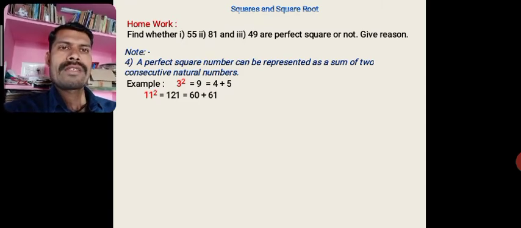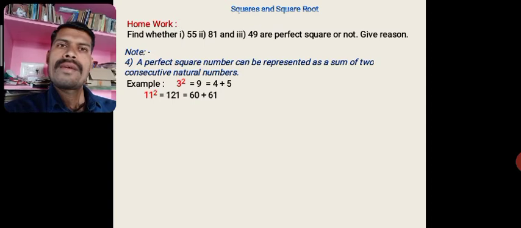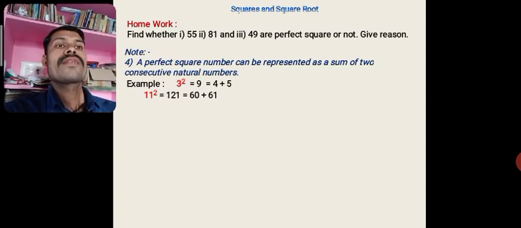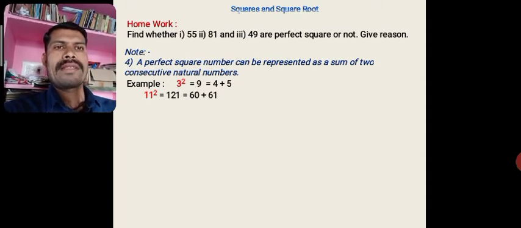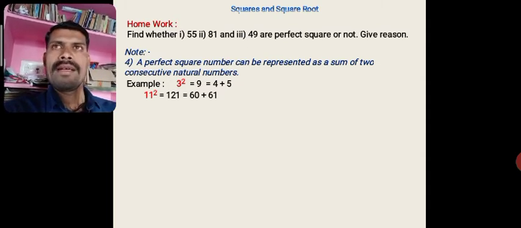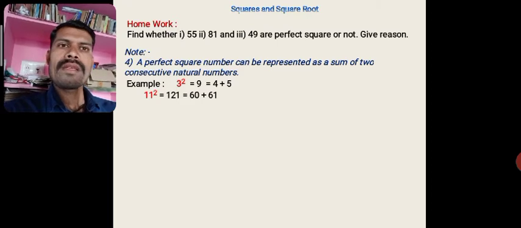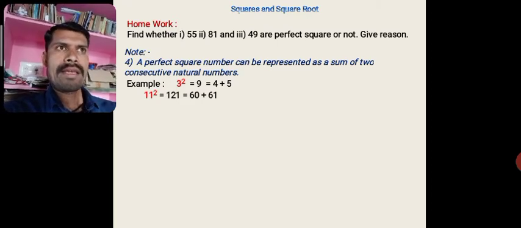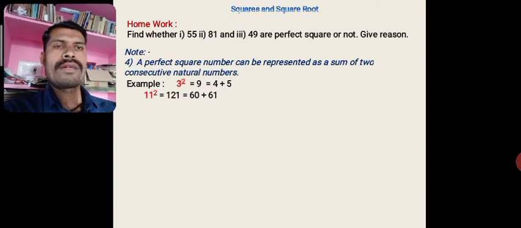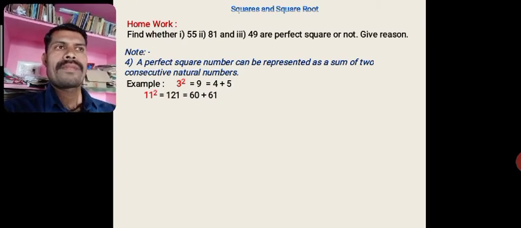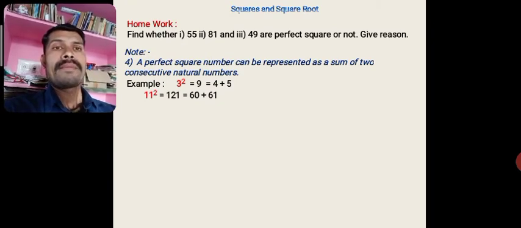Is it not? That 60 we can again represent, it will come in the next slide. You see 60 plus 61. 60 square is 3600, and 3600 minus 1 is 3599.